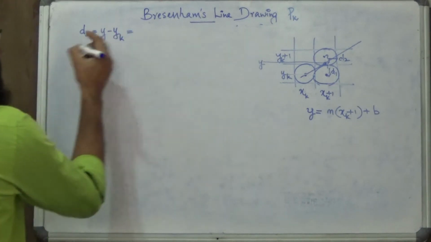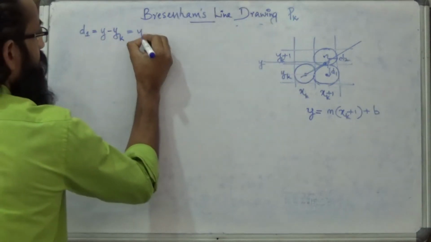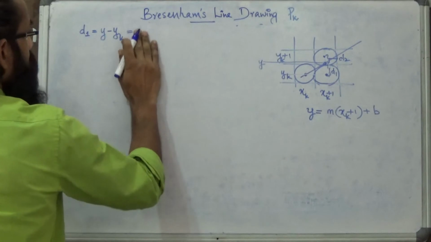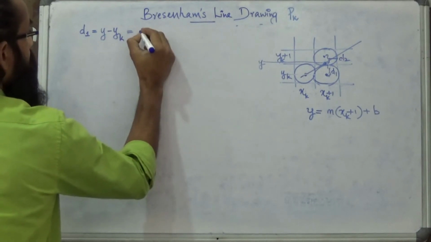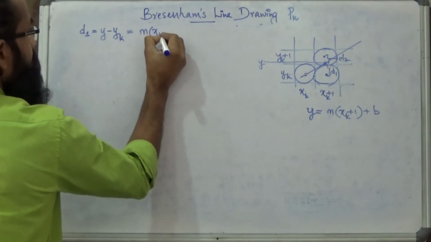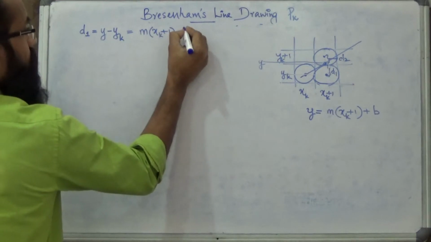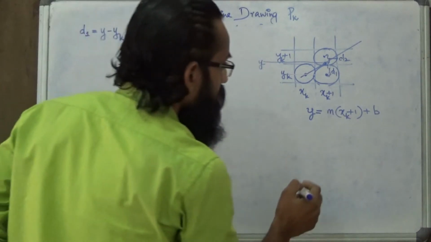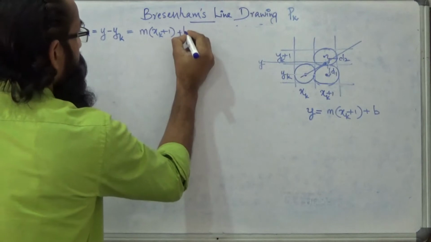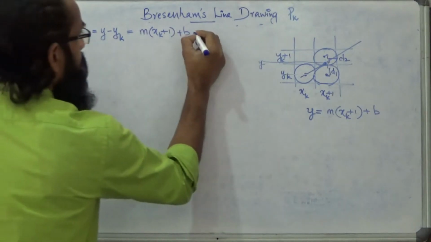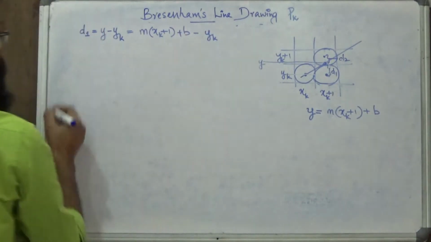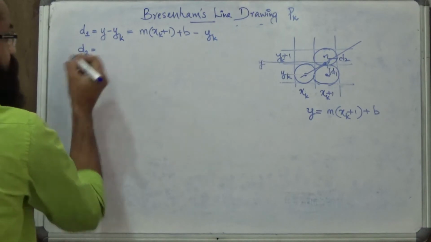So we will be getting d1 equal to m into xk plus 1 plus b minus yk.